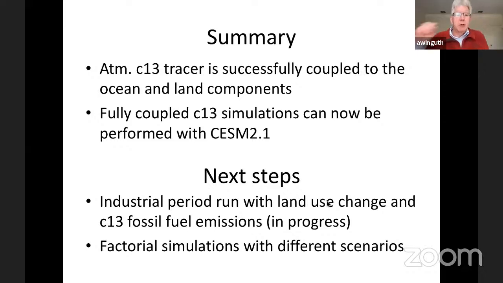I was wondering whether you have started to look at some of the variability, for example El Niño Southern Oscillation. It would be interesting to compare that with previous estimates from Martin Heimann and Charles Keeling to see whether you see the signal in your modeling also, since the model is now better at producing ENSO variability.